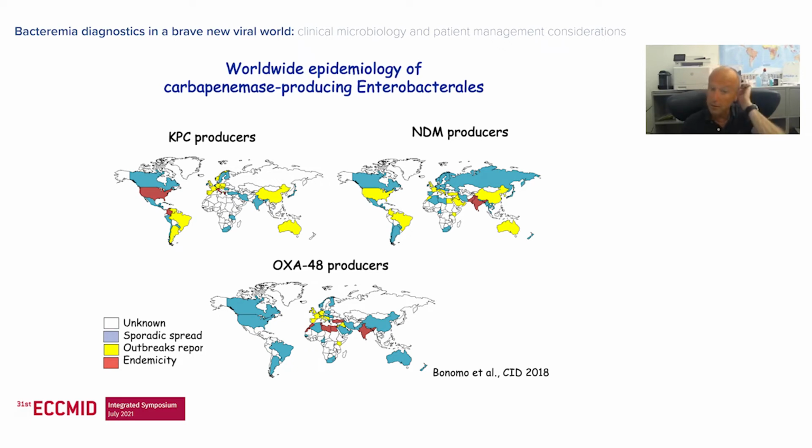And by contrast, where OXA-48 producers are identified at high rates, such as North Africa and the Indian subcontinent, we have much less KPC producers. That being said, if you look at these three main carbapenemase enzymes, you cover more or less all the world. So the result is that we have an increasing trend of carbapenem resistance within Enterobacterales.